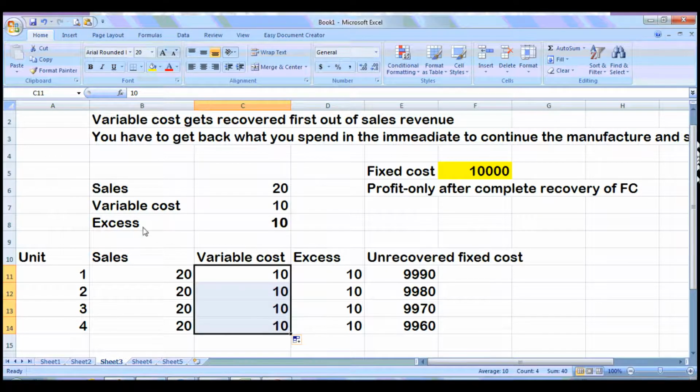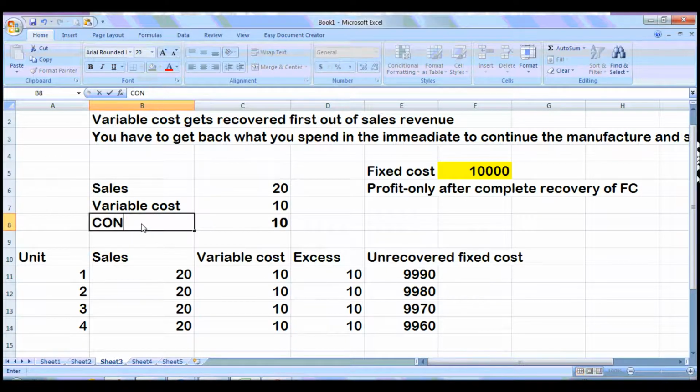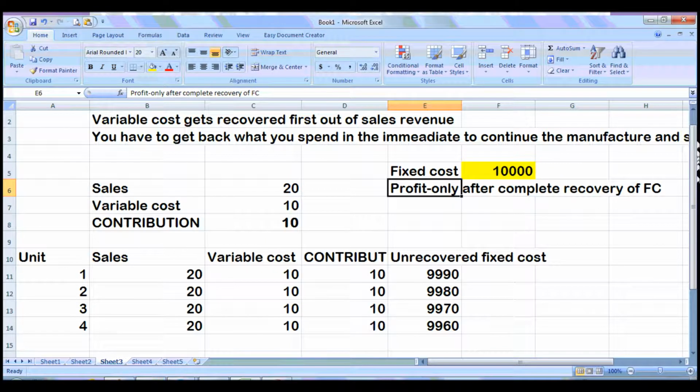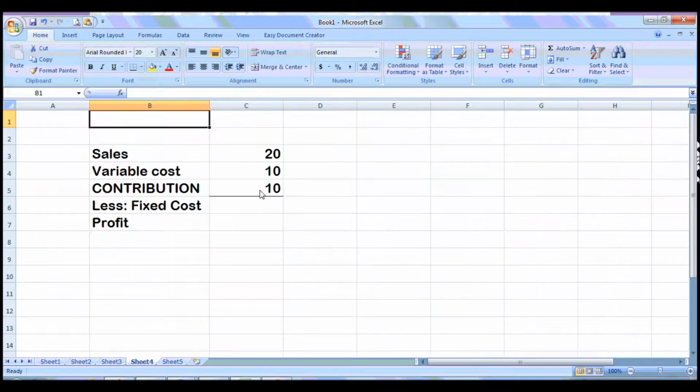As each unit contributes to the recovery of fixed cost, we call this 10 rupees as contribution. This 10 rupees is called contribution precisely because it contributes to the recovery of fixed cost in the first part and then contributes towards the profit.